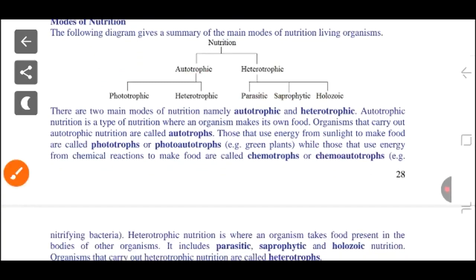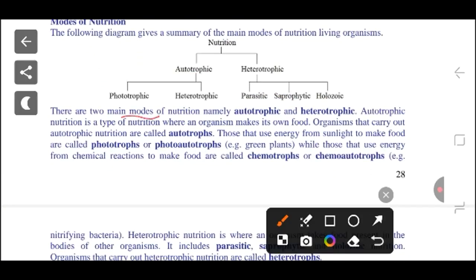So there are two main modes of nutrition, which are autotrophic and heterotrophic nutrition.